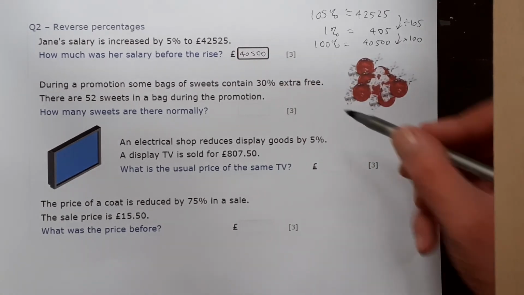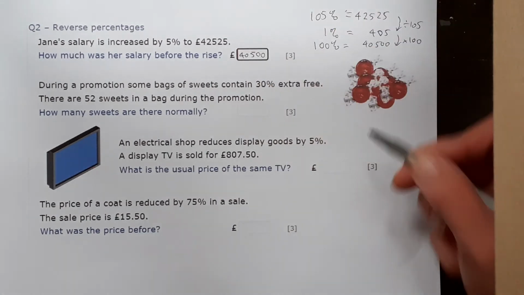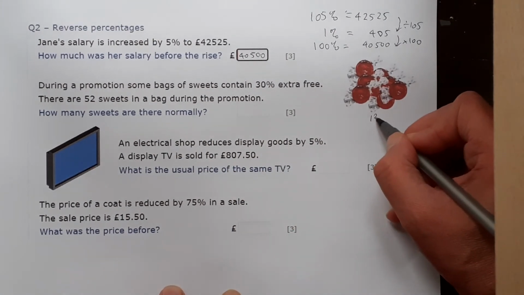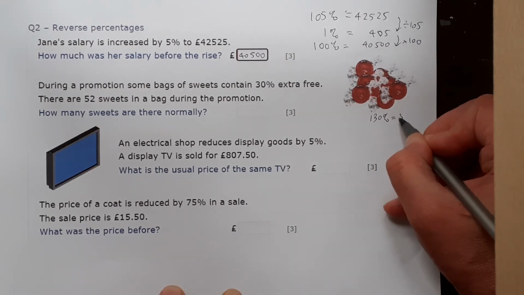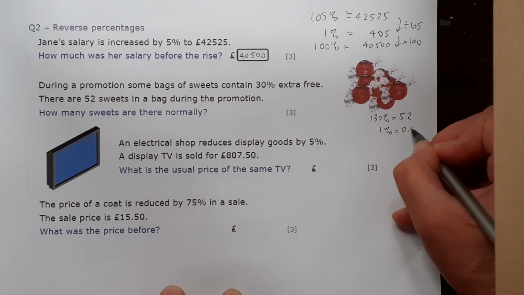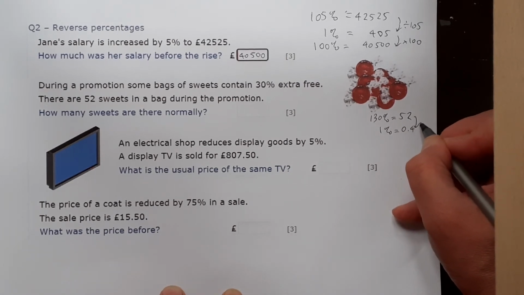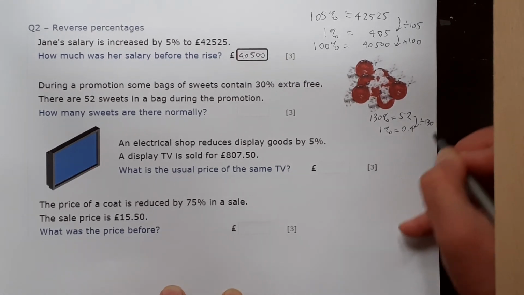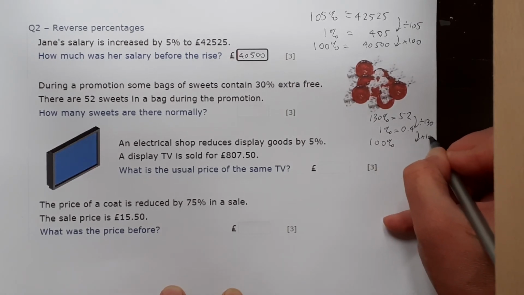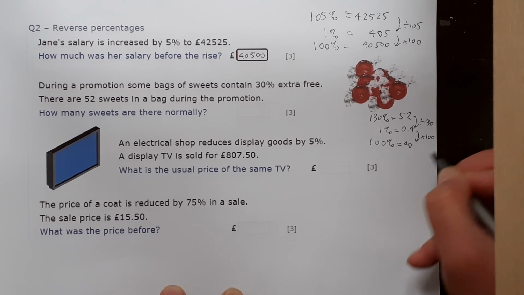Okay, so in the next one, we've got a bag of sweets that have got 30% extra free. So 130% is my 52 sweets. 1% is 0.4 sweets if I divide by 130, and then I want to know what 100% is, times that by 100, and that's 40.